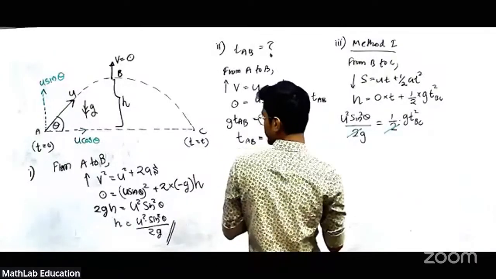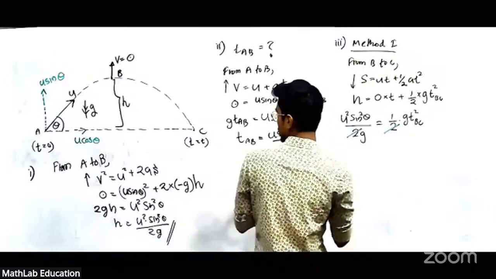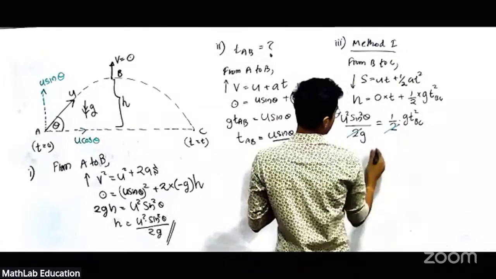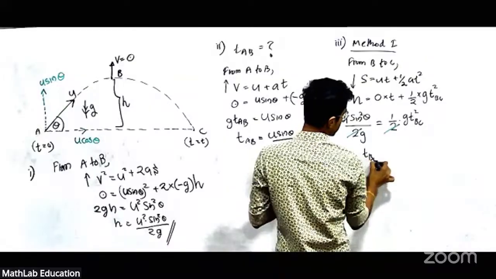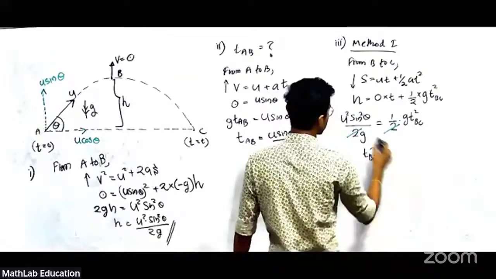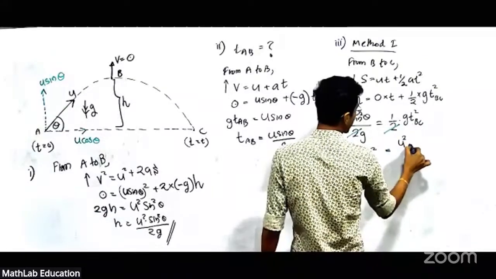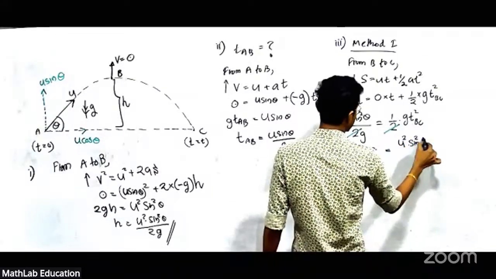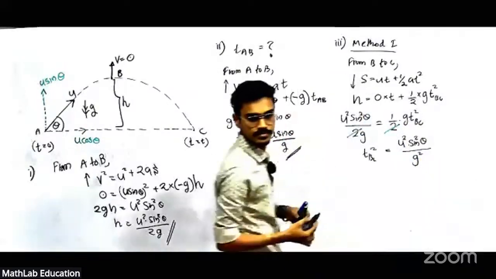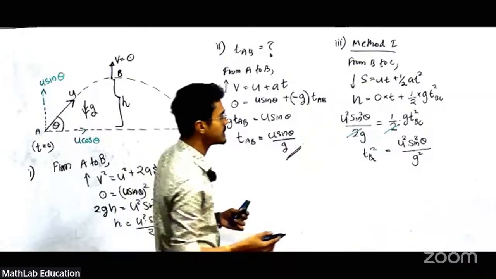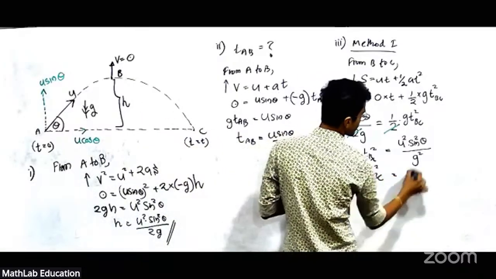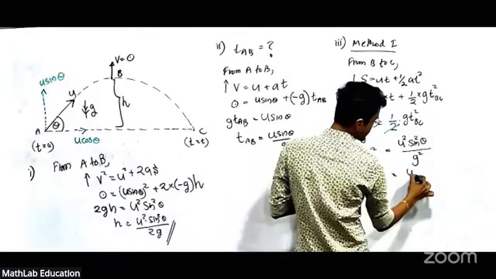And t BC squared can be made the subject. That will be u squared sin squared theta over g times g, that is g squared. So t BC squared can be written as, for multiplications we can take the square out.